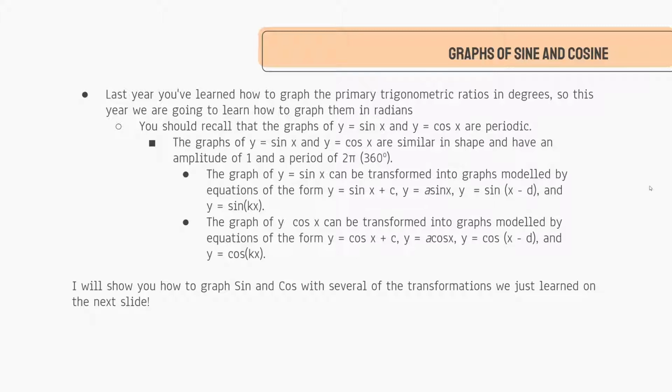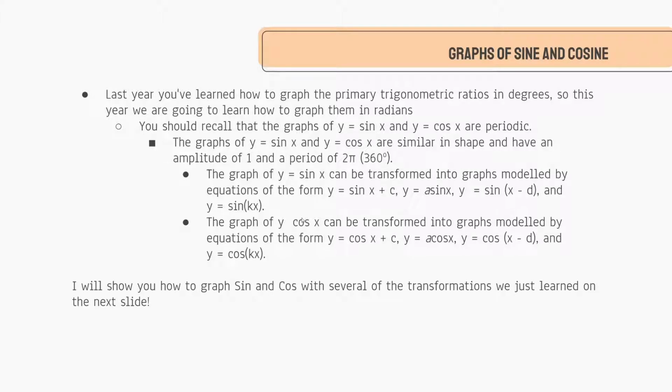Lastly, we have the graph of y equals sine of k times x. K refers to our horizontal stretch. So here again, it might be a little bit confusing, but when it comes to horizontal stretch, you need to find the reciprocal of the k value to find your factor by which you're either compressing or stretching horizontally.